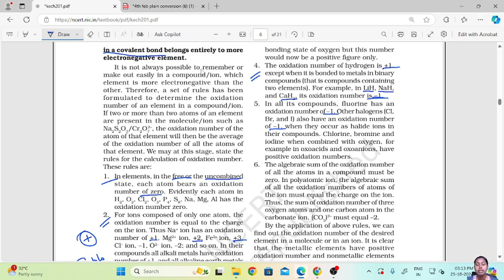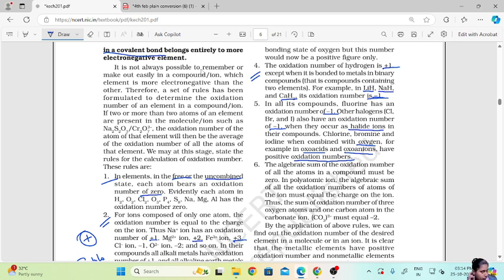Chlorine, bromine and iodine, when combined with oxygen, for example in oxoacids and oxoanions, have positive oxidation numbers. Here also there is an exception.